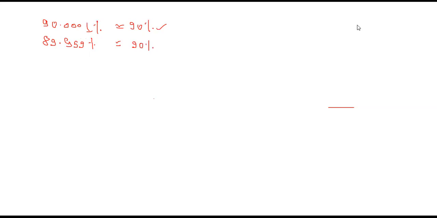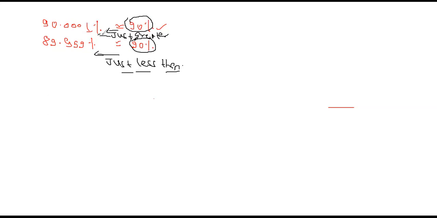Here, this is just greater than 90%, and this is just less than 90%. So the limit is only an approximate value. When just less than and just greater than are both equal, then the limit exists.